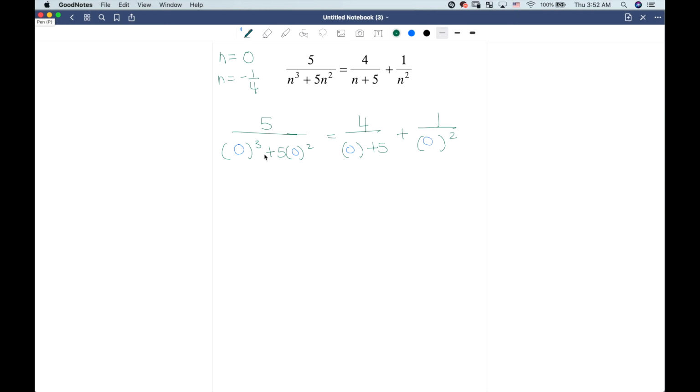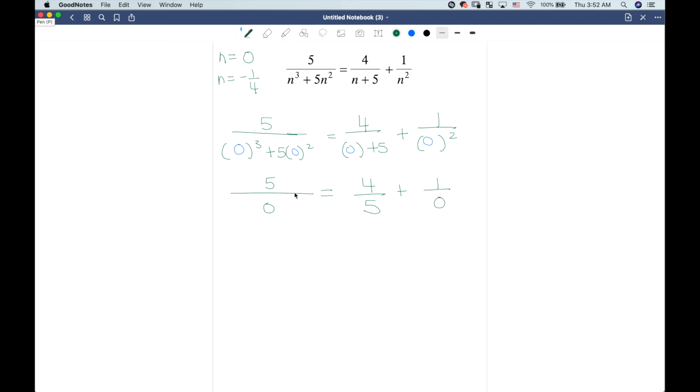Let me rewrite this. 5 divided by 0 cubed, which means 0 times 0 times 0 is 0. 0 squared is 0 times 0, which is 0. And then 0 times 5 is 0. 0 plus 0 is 0. 0 plus 5 is 5. 0 squared is 0 times 0, which is 0.